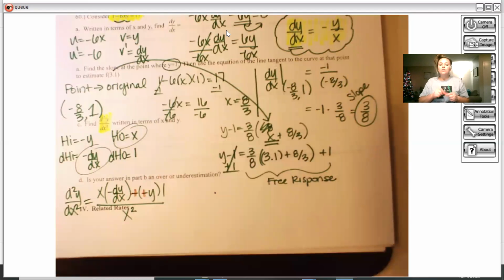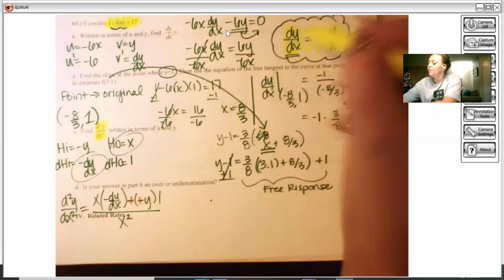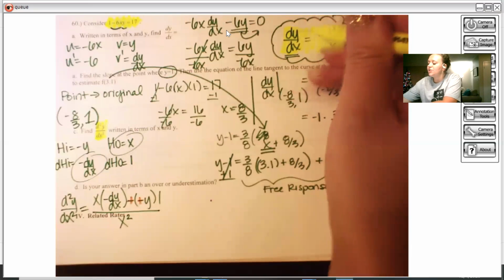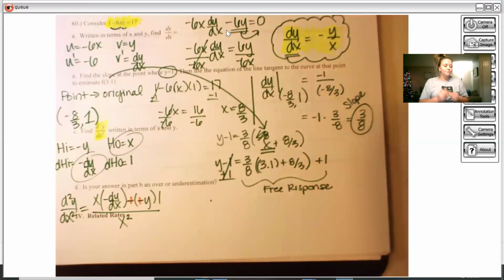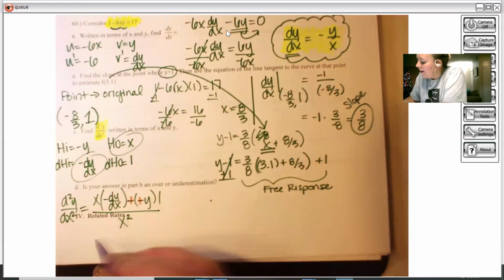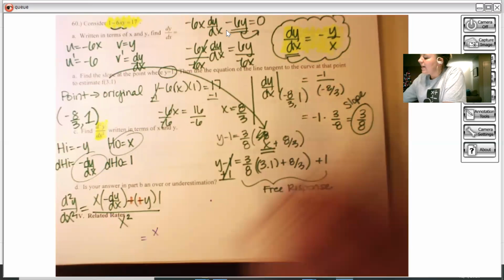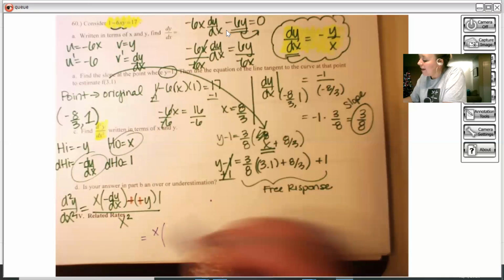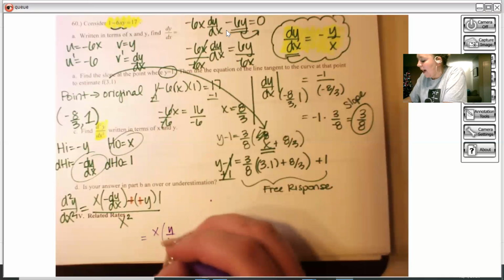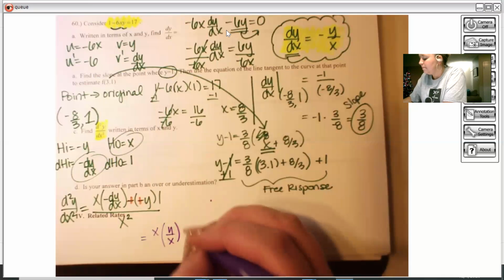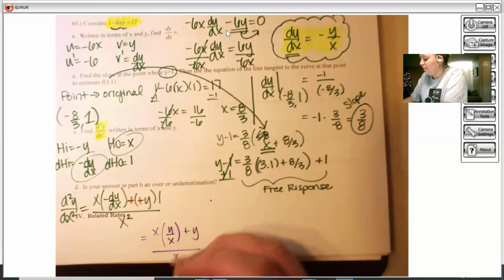And then remember also that I have an equation for dy dx. Remember what we put up here. dy dx is really just negative y over x. So if I come back over here, I'm going to have x times negative dy dx is going to be negative negative y over x, which is just going to go back to a positive, plus y over x squared.